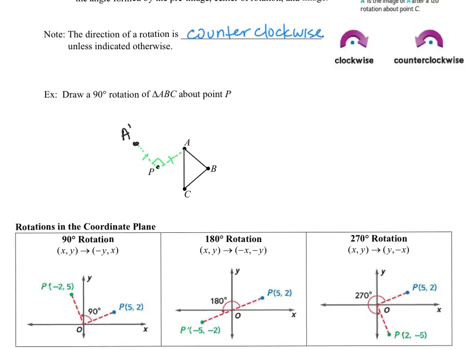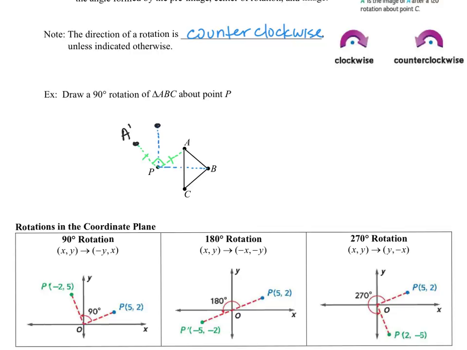Now let's do the same thing with B. I'm going to switch colors here. I need to put B prime in a place where B prime is the same distance from P that B is, and B to P to B prime forms a right angle. It looks like I need to go straight up, and that looks about right.